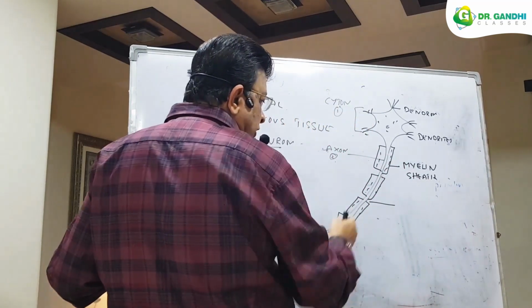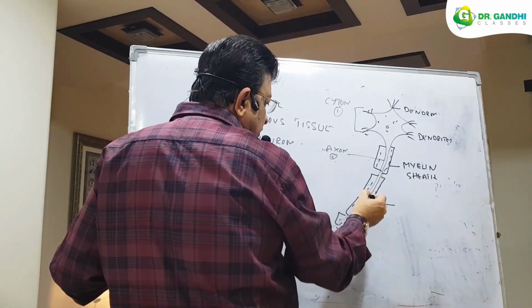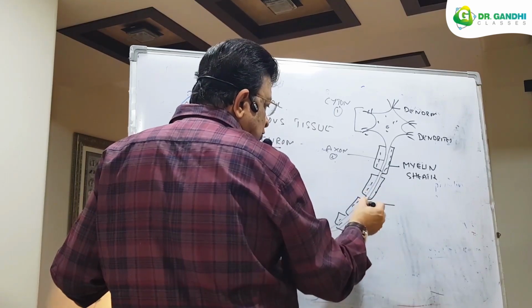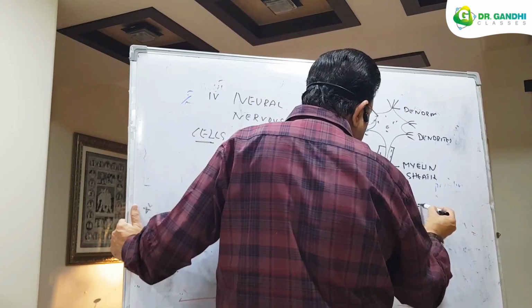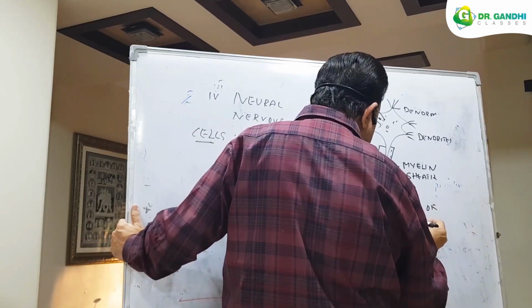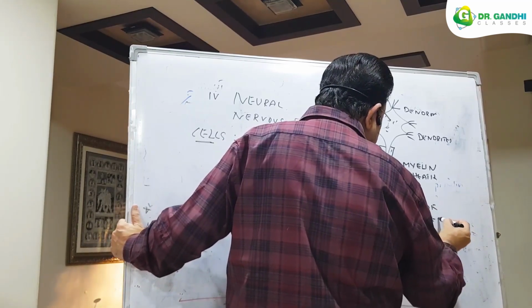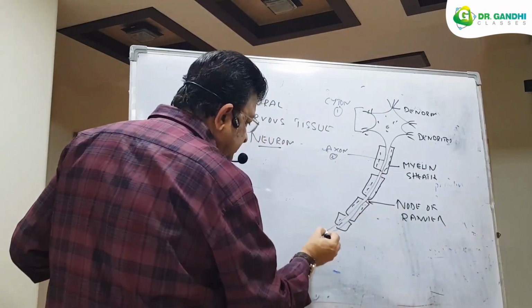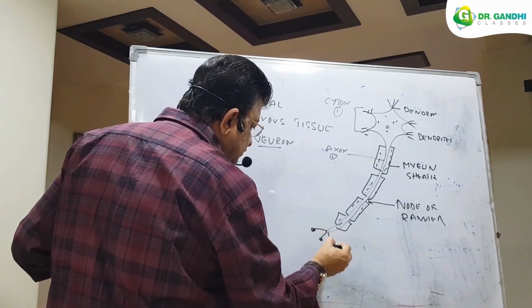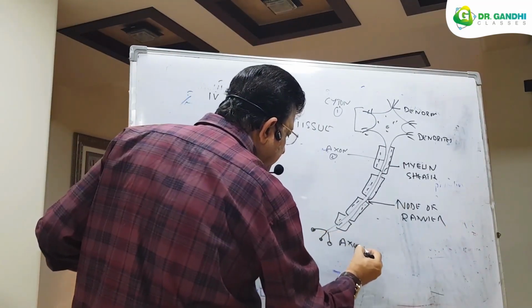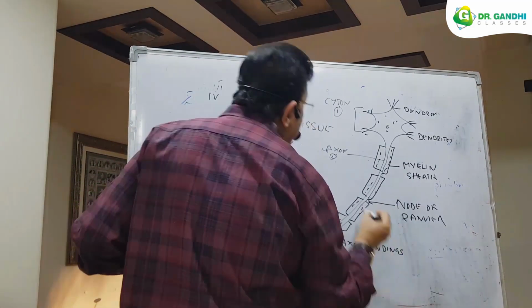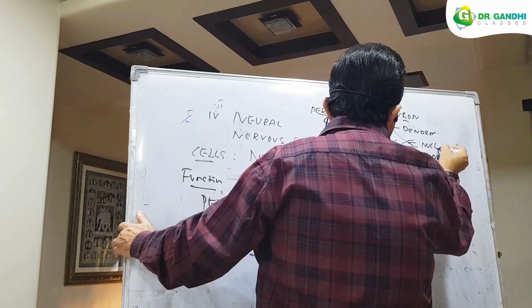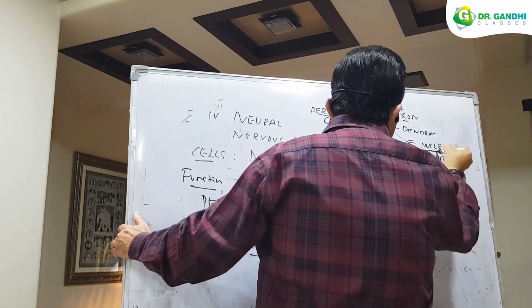In between it has a junction, the myelin sheath is not continuous throughout, and this junction is known as node of Ranvier. The axon ends in axon endings. The main part of the neuron has the nucleus.